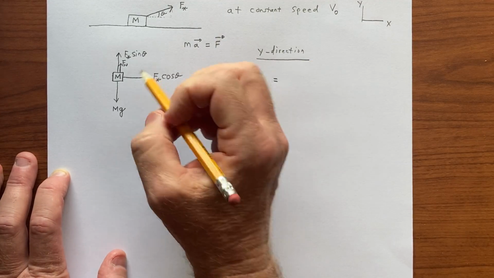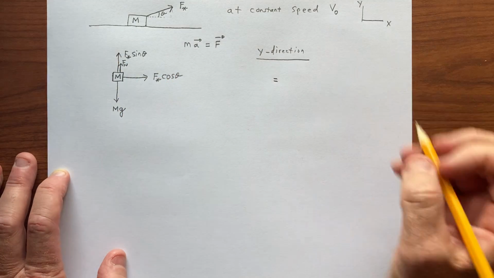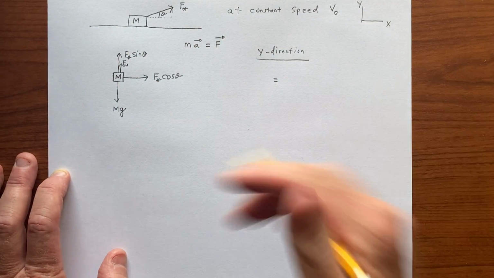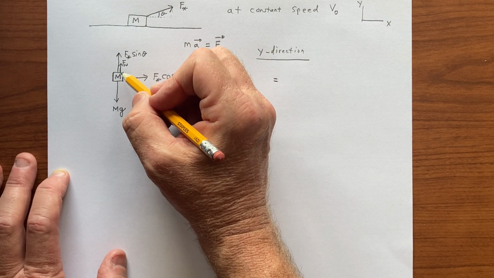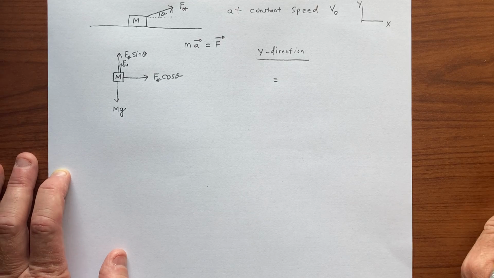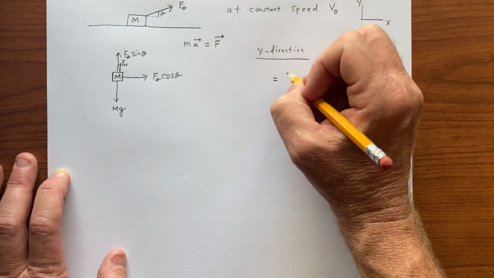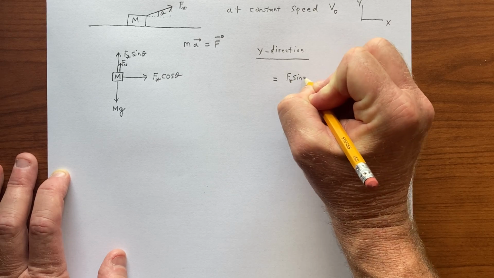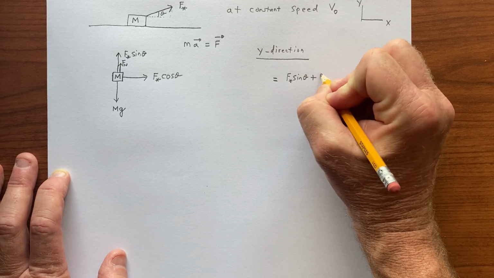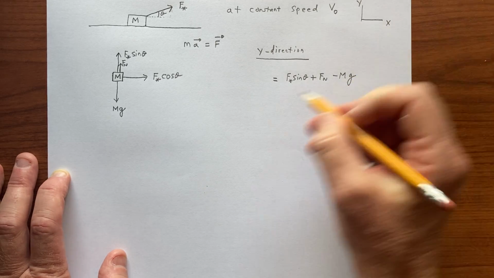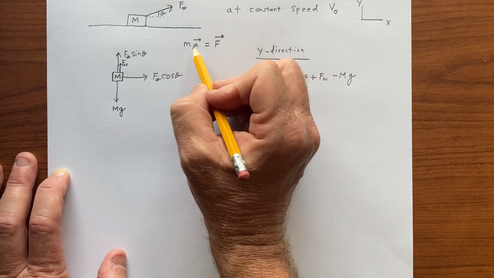And on the right-hand side, we see that we have 1, 2, and 3 forces, and in one direction they're positive, in the other direction they're negative. And our convention is that up is positive, down is negative, but we can change that if we want. But if we follow that convention here, then we have F star sine theta plus the normal force minus mg. That has to equal the left-hand side.